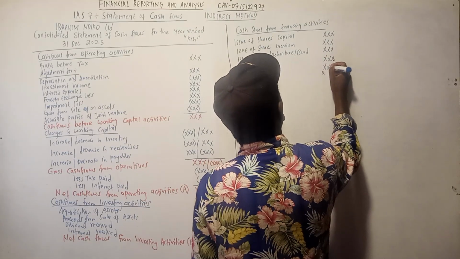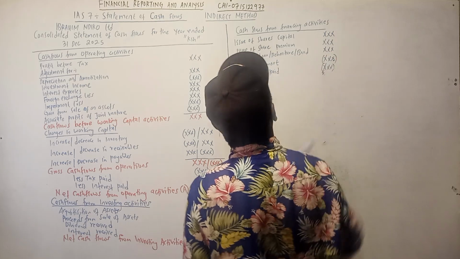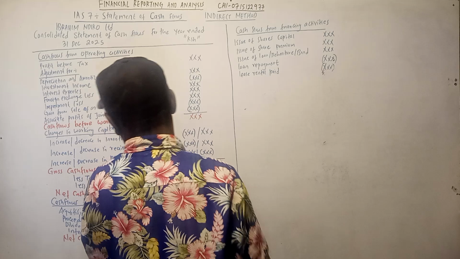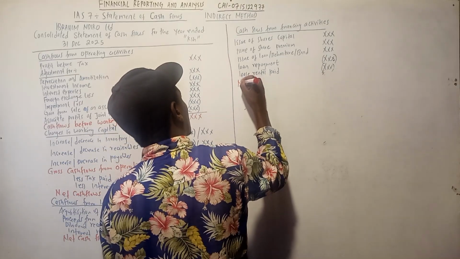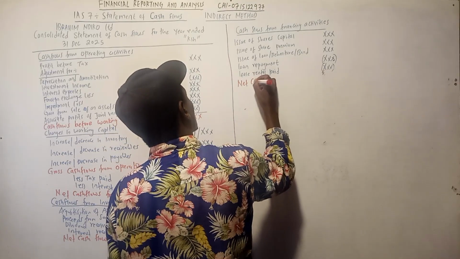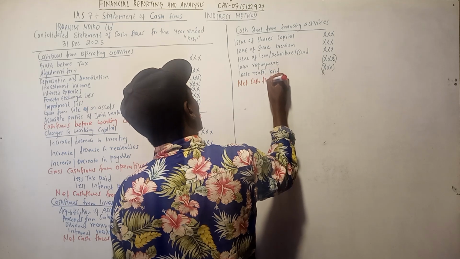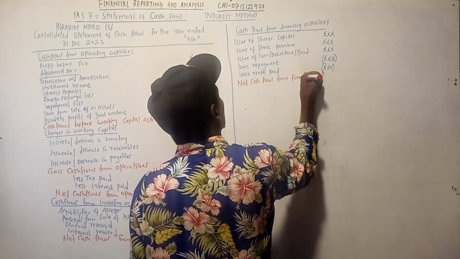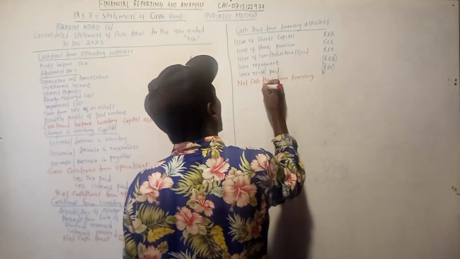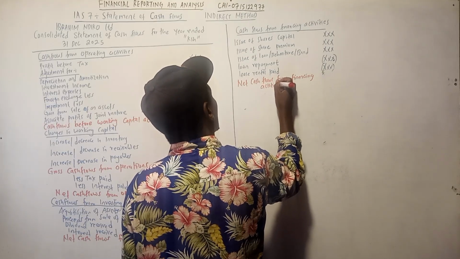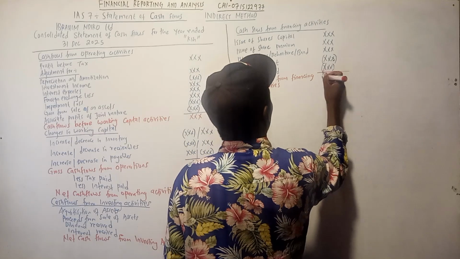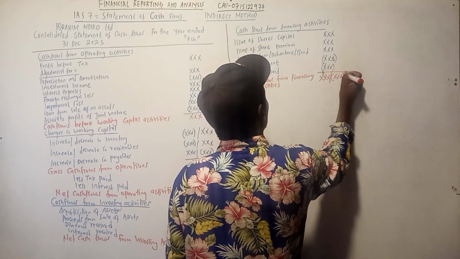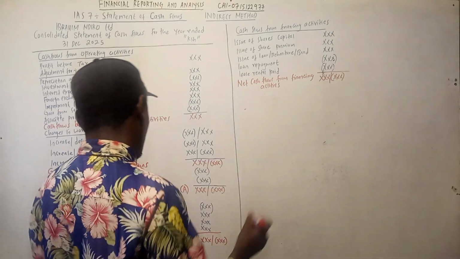So payment is money out. Then we can get net cash flows from financing activities. It can be either a positive or a negative figure. So we got this one, C.